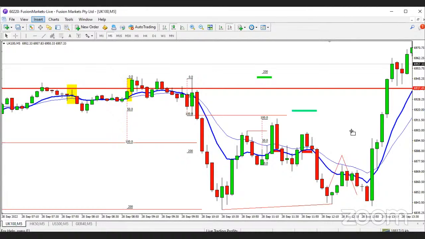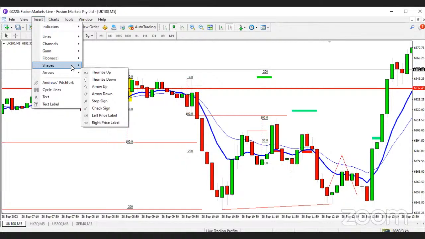So that's a breakout, pullback, that's a trade you could take. I'm trading above this candle, and the stop is down here.